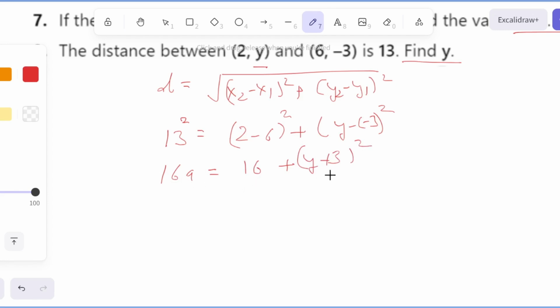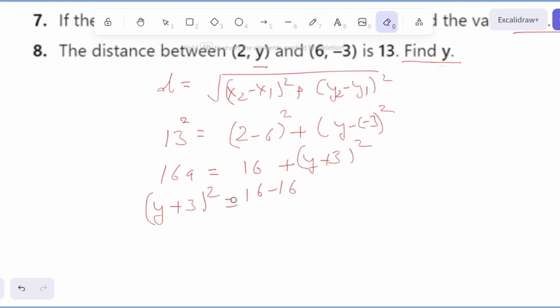Now same thing, you can bring 169 to the other side. So (y + 3)² + 16 − 169 = 0.